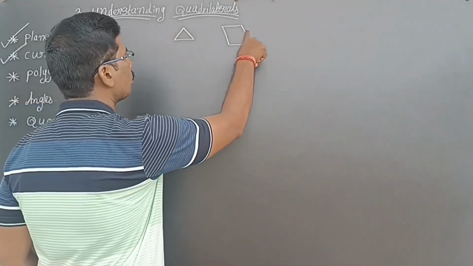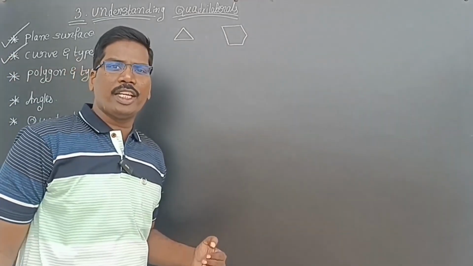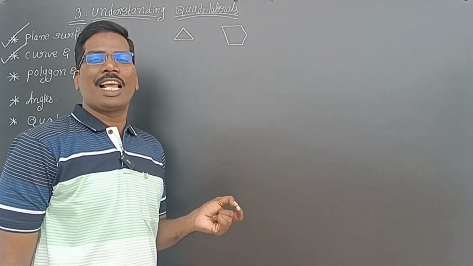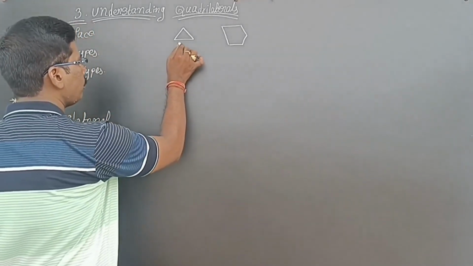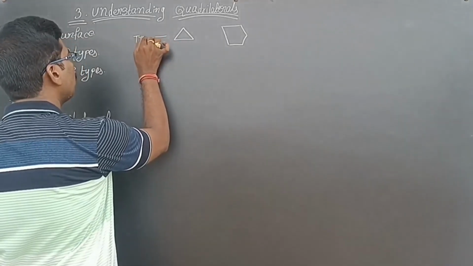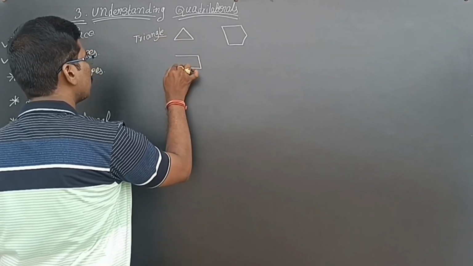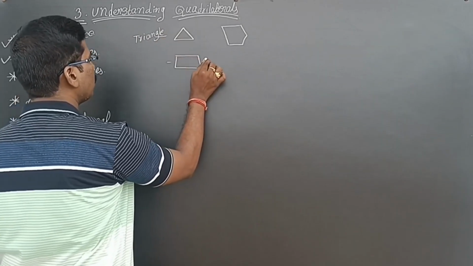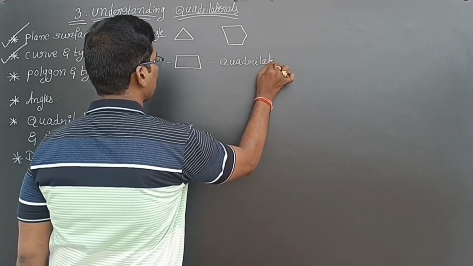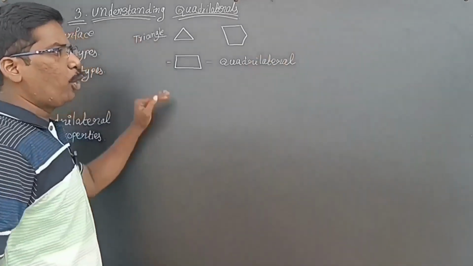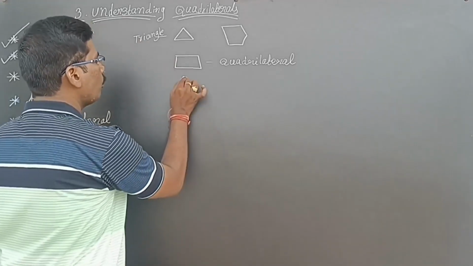This is a triangle. This is 1, 2, 3, 4, 5, so this is a pentagon. According to the number of sides or vertices, the polygon is classified and given a name. This is a triangle because 3 sides are there. This is a quadrilateral because four sides are there.